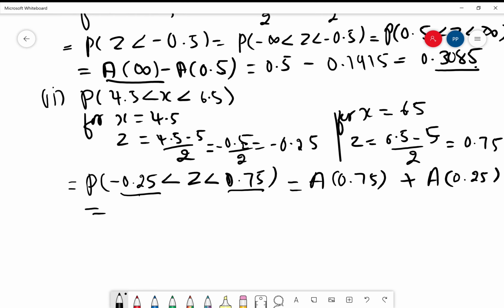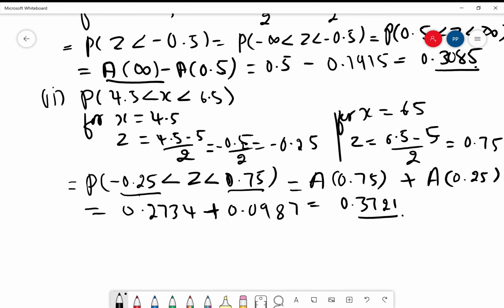And A of 0.75 is 0.2734, plus A of 0.25 is 0.0987 from the table. So that simplifies to 0.3721.